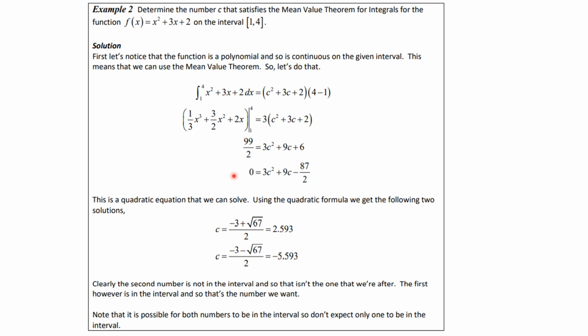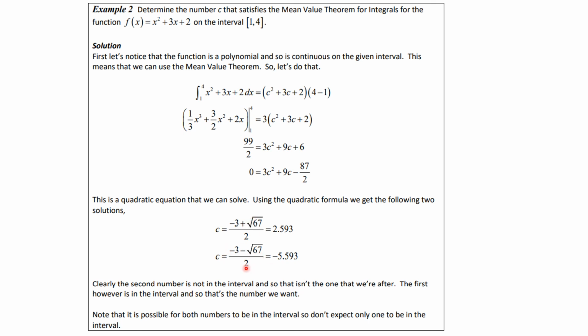Now, we solve this using the quadratic formula because this doesn't factor. Everything doesn't factor, and I have asked questions like this on assessments before. So we find, using the quadratic formula, and you should go through these steps, that c is equal to minus 3 plus the square root of 67 over 2, and c could also be minus 3 minus the square root of 67 over 2.